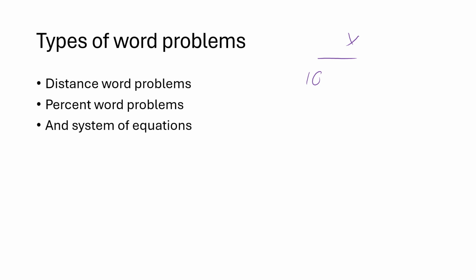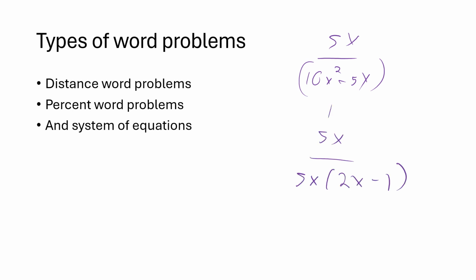What is the GCF of 10x squared minus 5x? Well, 5x. So 5x over 5x times 2x minus 1. Cancel these out, and your rational expression now becomes like so.